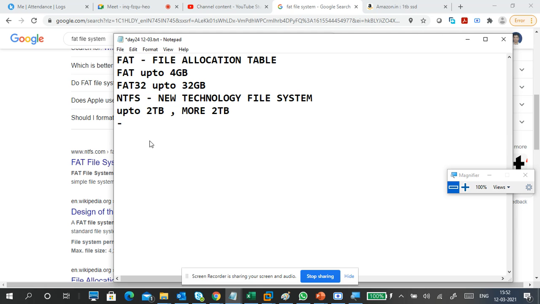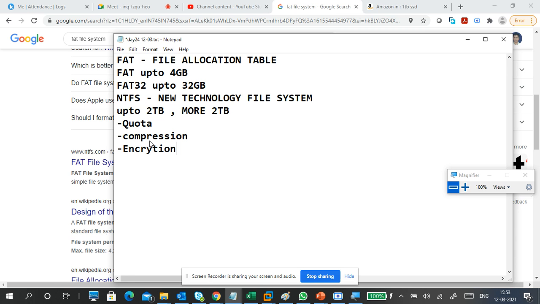NTFS advantages: so what are they? Quota, disk quota, compression, encryption.